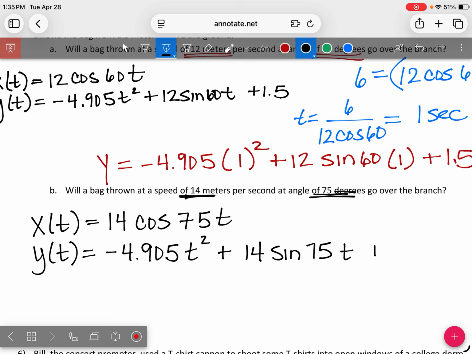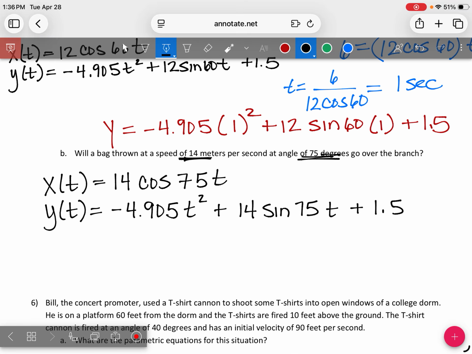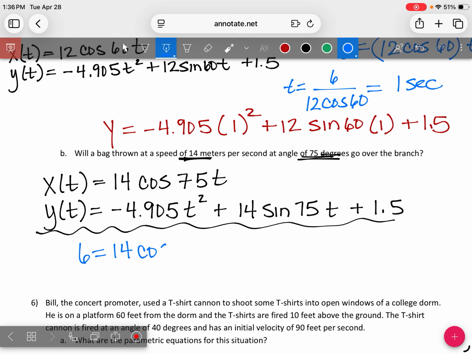So this is actually just like part A. First thing we're going to do, because we know that the person is 6 meters away, I want you to find t. After you find t, substitute that number in for y to get the height, because the person is still 6 meters away. So I have 6 equals 14 cosine 75 t.